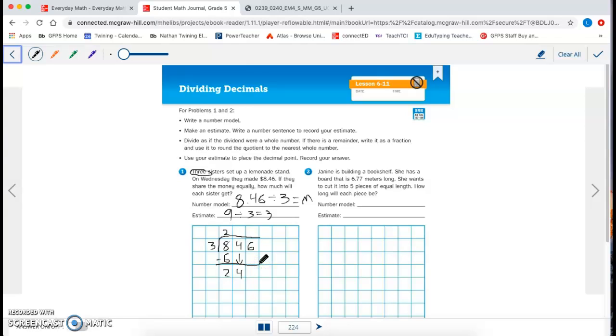I bring that 4 down because I'll have to go down to the next place value. Now I think of my multiples of 3 and what goes into 24.